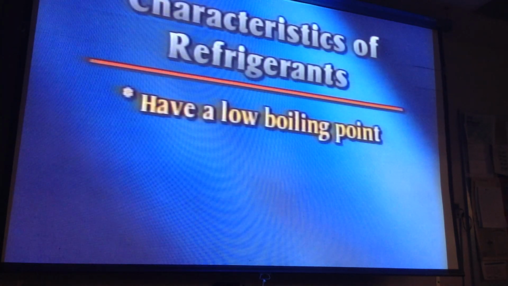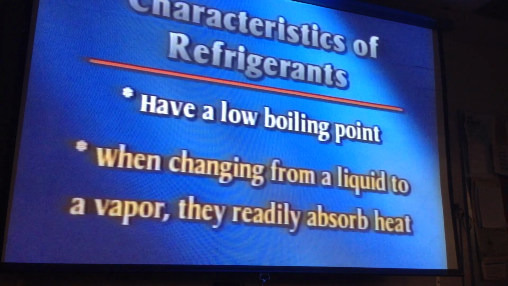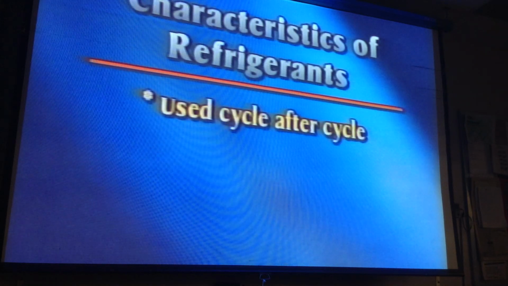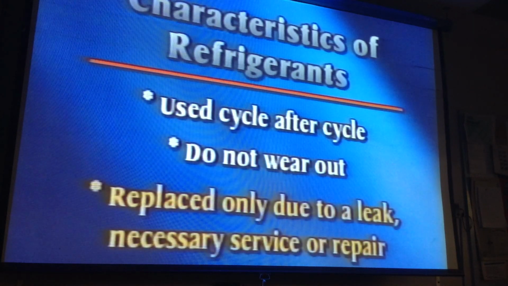Refrigerants have a low boiling point and, when changing states from a liquid to a vapor, they readily absorb heat. Refrigerants are used cycle after cycle, do not wear out, and are replaced only due to a leak, necessary service, or repair.